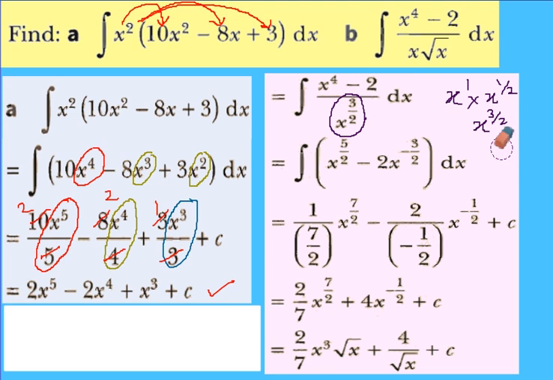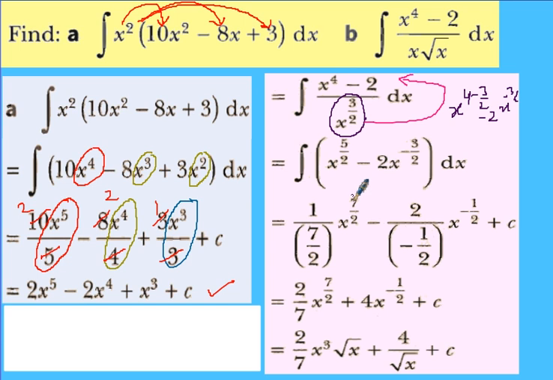On division degrees are subtracted. So we are dividing this term by this, so we will subtract the degree. So x raised to 4 minus 3 upon 2, minus 2 into x raised to minus 3 upon 2. Got it. So 4 minus 3 upon 2, so it is 8 minus 3, so 5 upon 2.